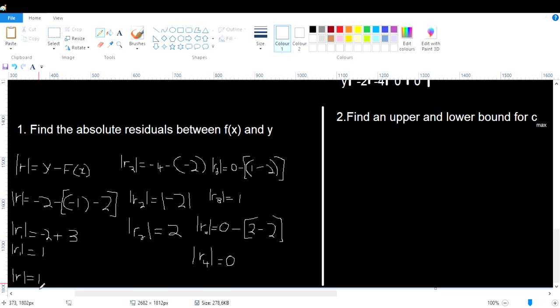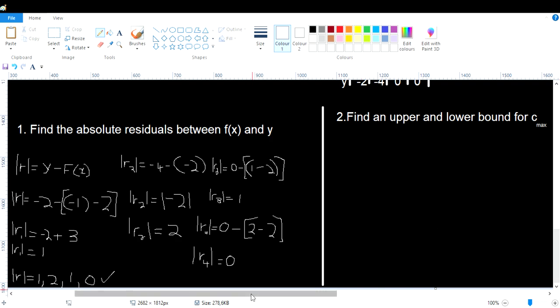The first is 1, the second one is 2, the third residual is 1, and the last one is 0. This is the final answer.